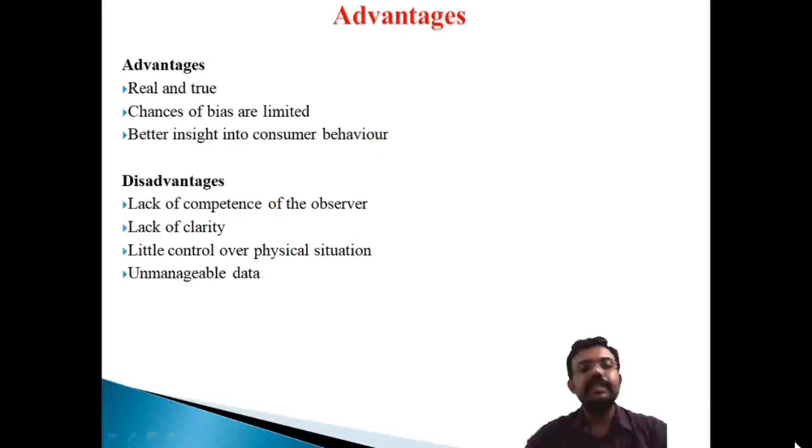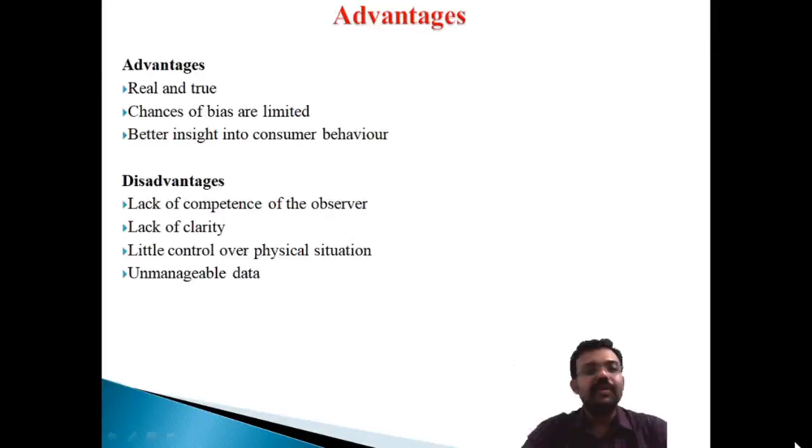And third one is little control of the physical situations. Suppose in a participative style observation, you are directly involved with your colleagues or your team, and there will be a chance for clashes between the members. There's a possibility of little control of the physical situation, like recently the India-China issue.